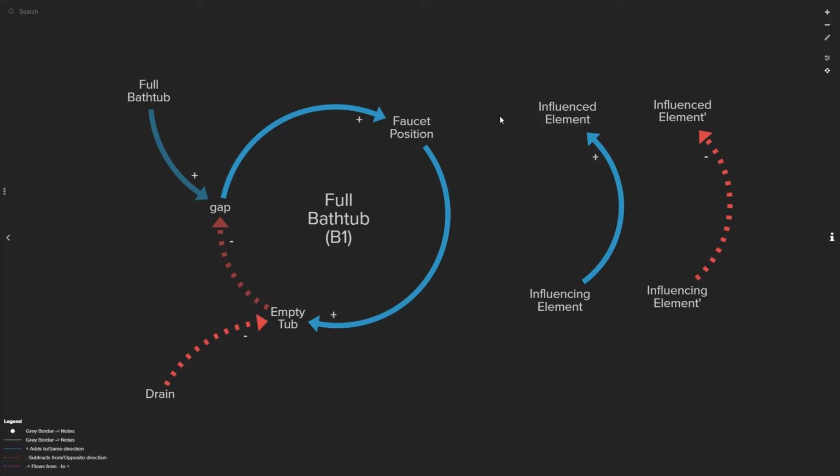There may be numerous other relationships associated with it, though the essential structure of the balancing structure is simply a goal-seeking relationship, some desired state, some current state, and some number of relationships that are in the path to move that current state in the direction of the desired state.